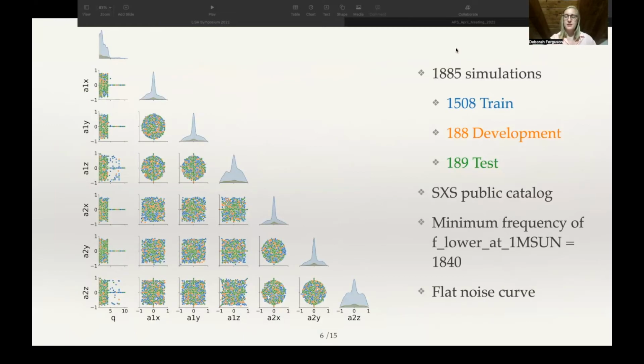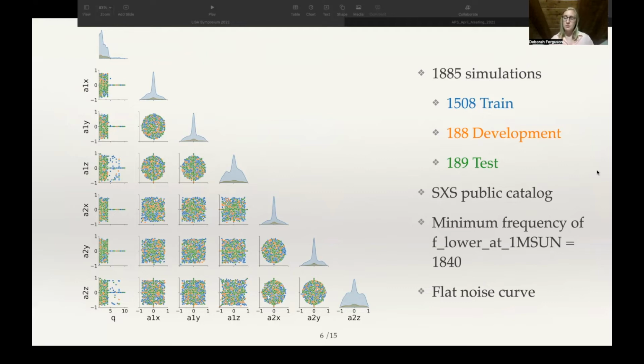Our total data set consists of 1,885 simulations from the SXS public catalog. This is broken into 1508 training, 188 development, and 189 test simulations.